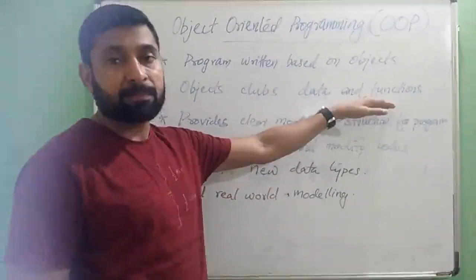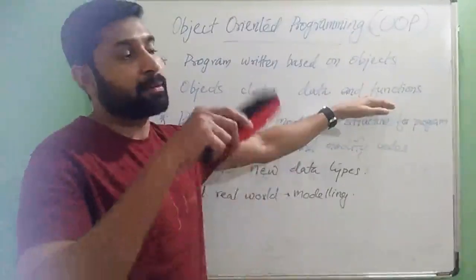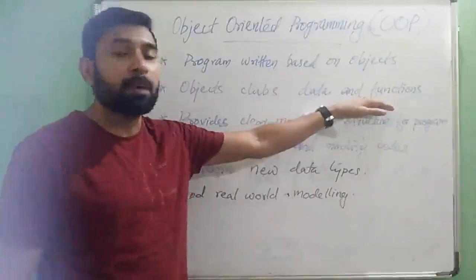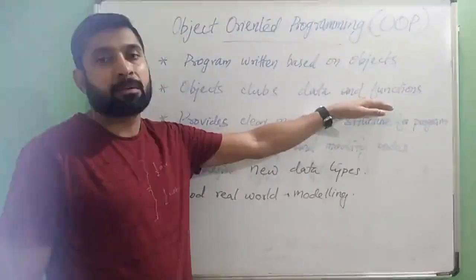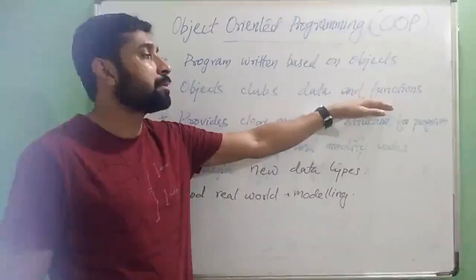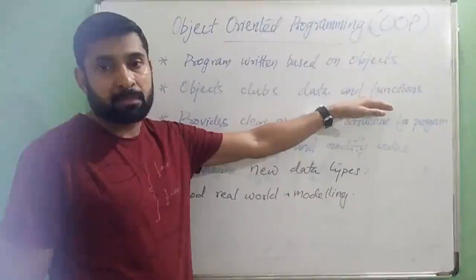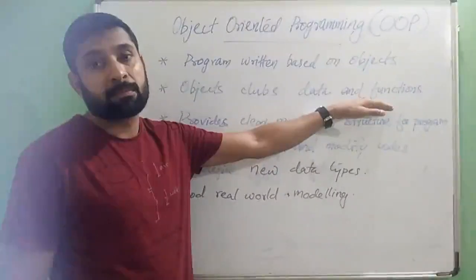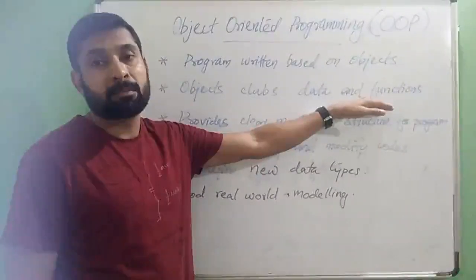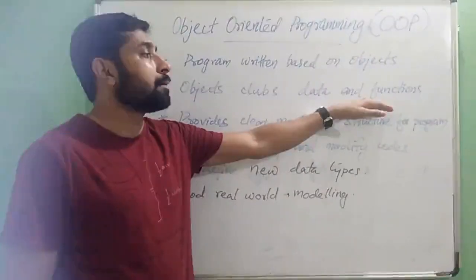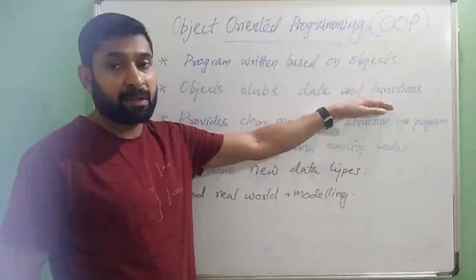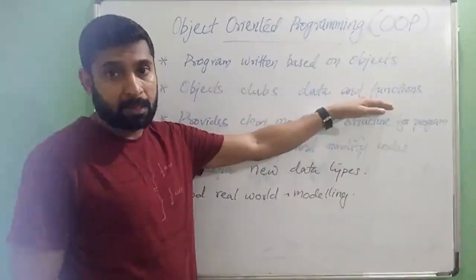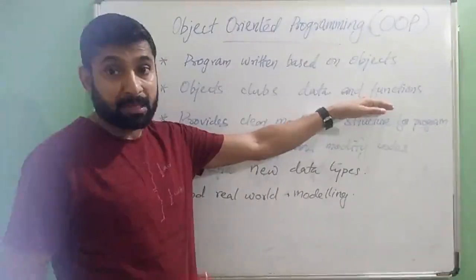As we saw earlier, if you take the example of a bird, it has its size, length of wings, length of beak, its color, all these things. Its behaviors are: it can fly, it can chirp, it can make sound.